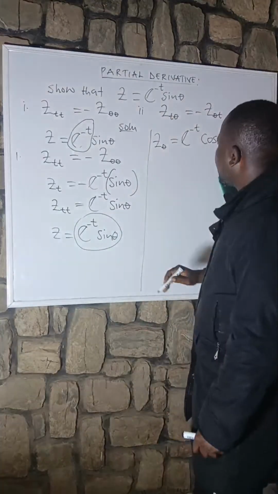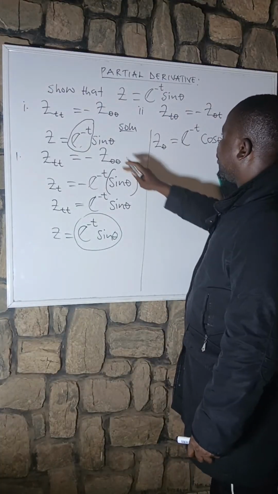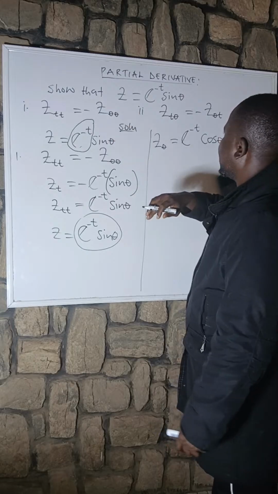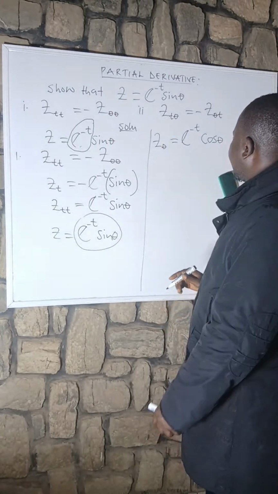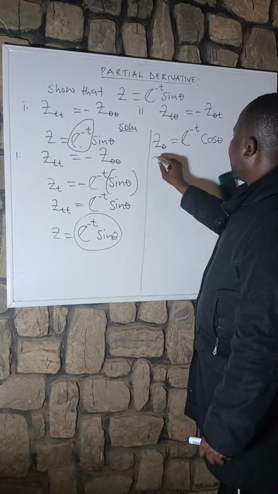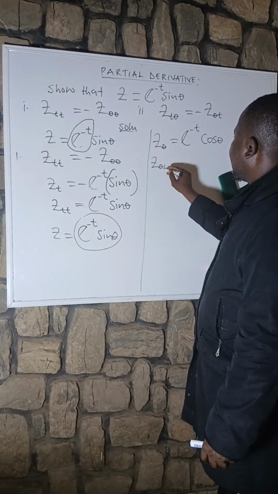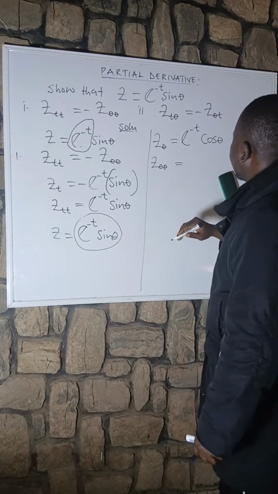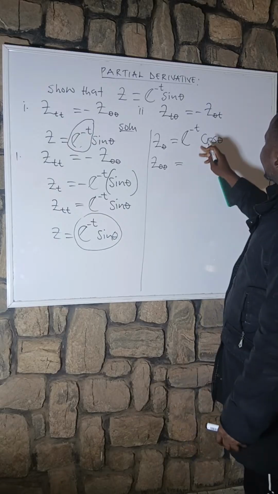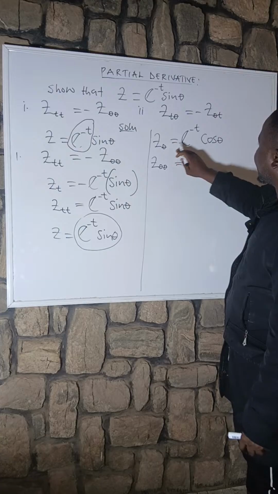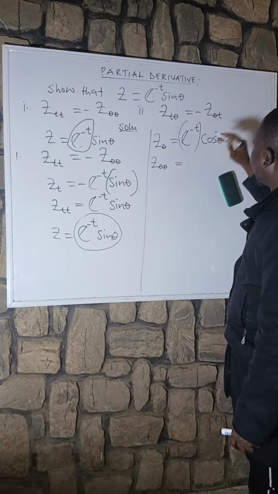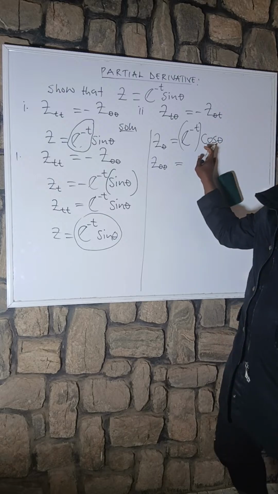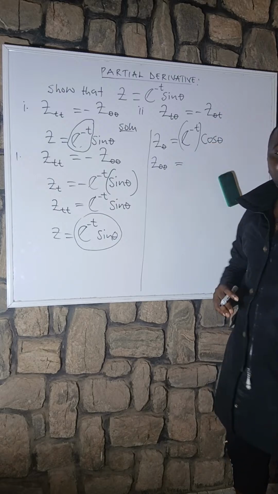So now, the other one is what? The second derivative, so here now will be z subscript theta. Theta is equal to the same thing. You differentiate this one to obtain this. So you hold this one constant and differentiate cos theta.